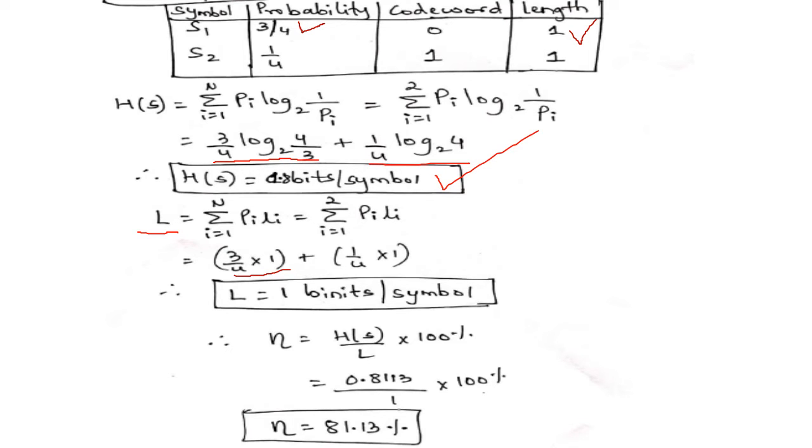Similarly, for the next symbol, probability is 1 by 4 and its length is 1 again, so we'll have 1 by 4 into 1. Once you simplify this, the average code word length is 1 bit per symbol. So in order to compute efficiency, substitute entropy and average code word length, and we'll obtain the efficiency as 81.13%.